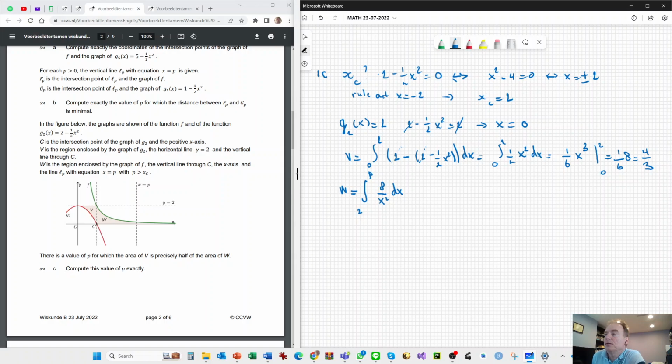And we need to subtract basically the line y equals 0, the x-axis, which I didn't explicitly write down.